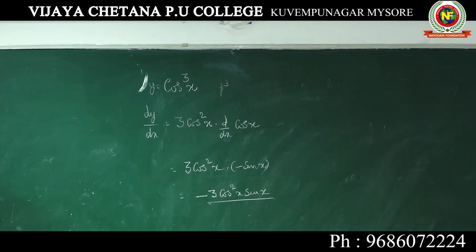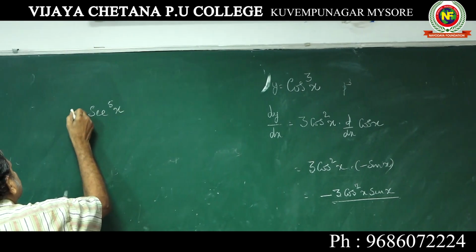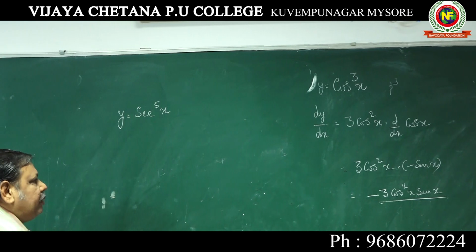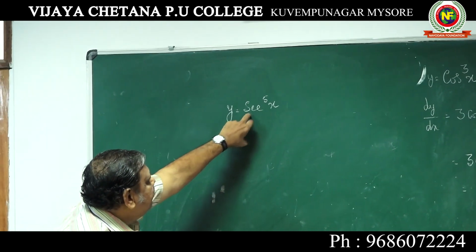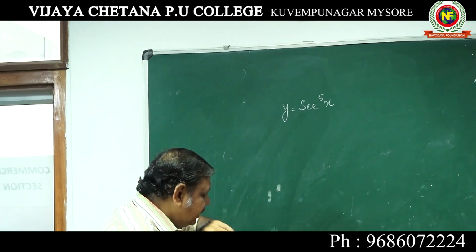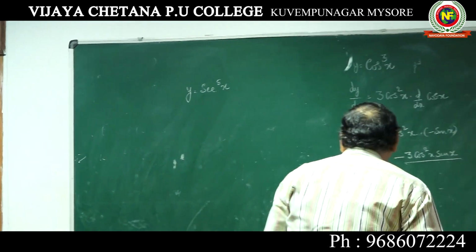You can take secant to the power of 5x. Secant to the power of 5x differentiation. Here put secant x as p, p to the power of 5. The differentiation of p to the power of 5 is 5p to the power of 4.